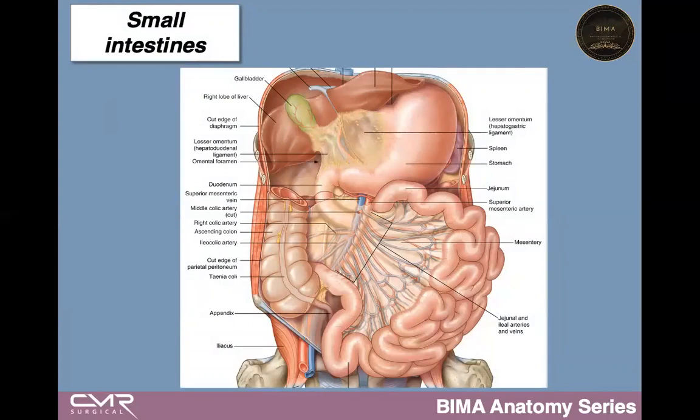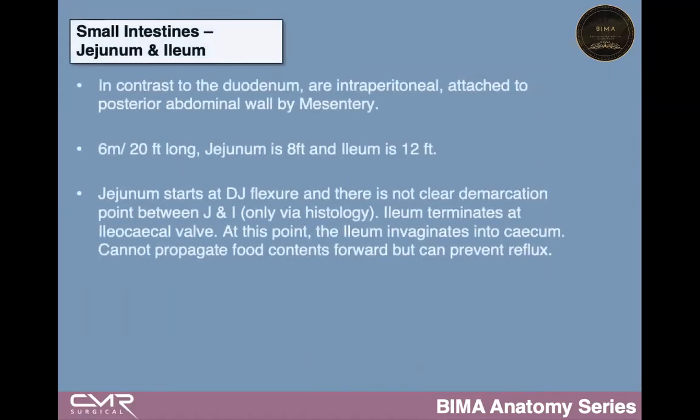Then you get to the messy loops of bowel, which are quite difficult for pretty much anyone to confidently tell you whether they're jejunum or they're ileum. But if you understand the basics I'm going to talk about in the next few slides, this should be quite easy to you. So obviously you have the ileocecal valve.